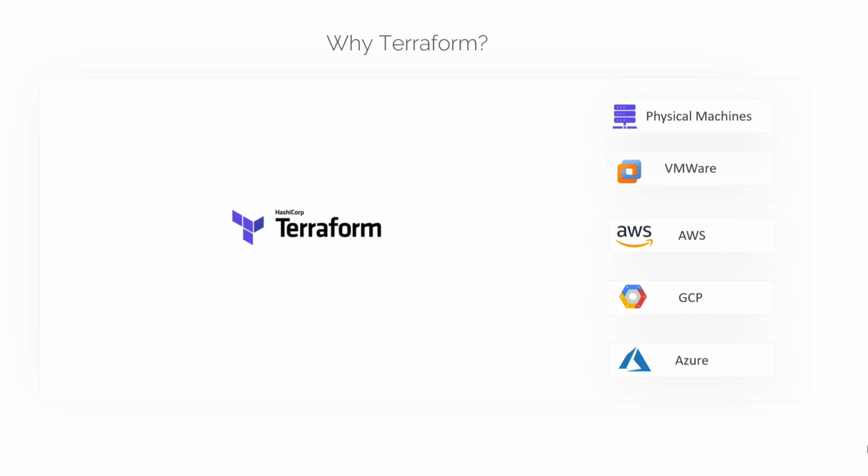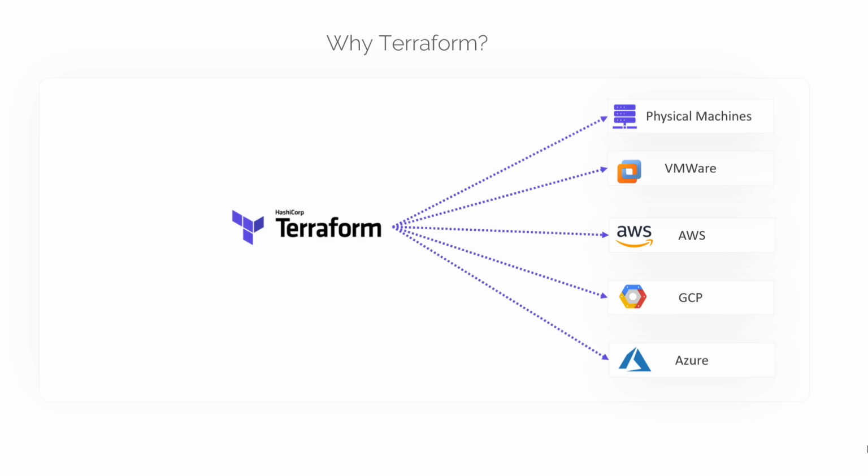One of the biggest advantages of Terraform is its ability to deploy infrastructure across multiple platforms, including private and public cloud, such as on-premise vSphere cluster or cloud solutions such as AWS, GCP, or Azure, to name a few. These are just a few of the many resources that Terraform can manage.